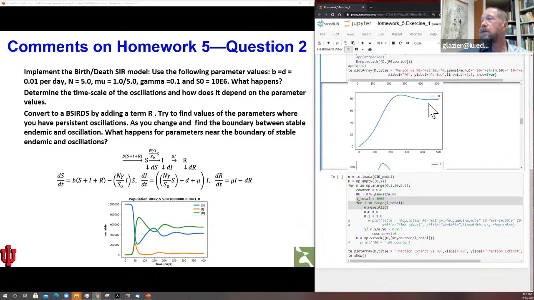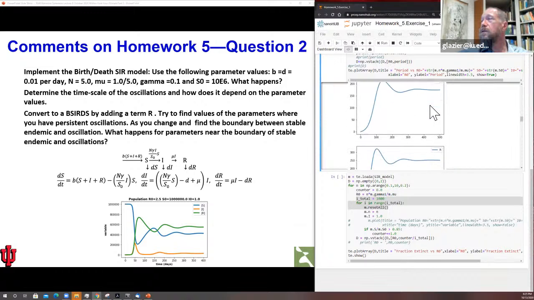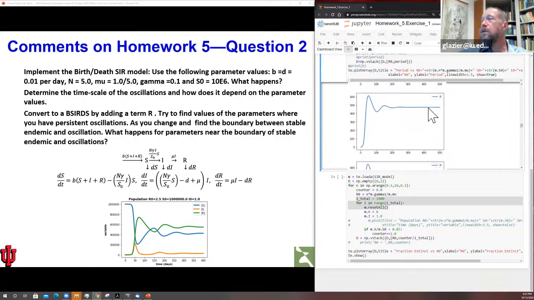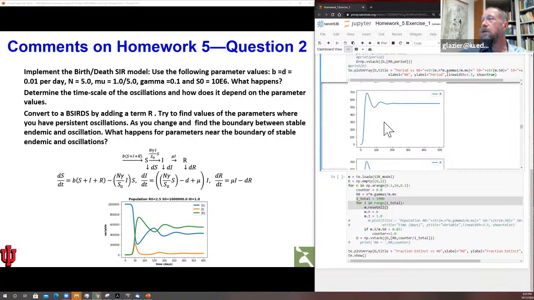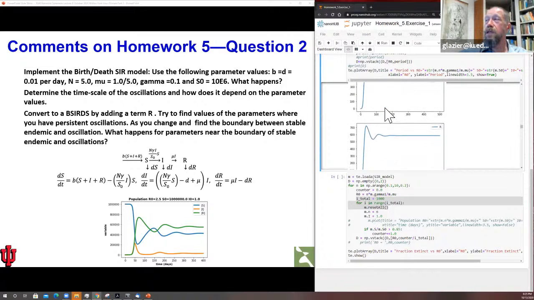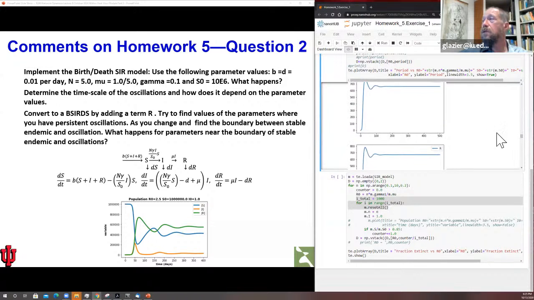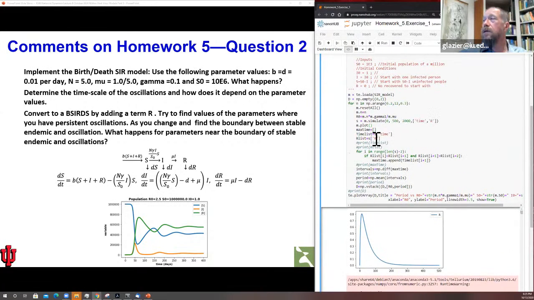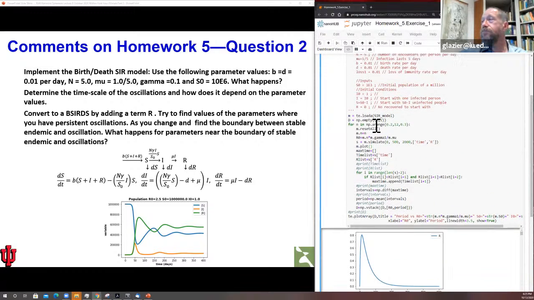Starting to oscillate here, and the oscillations turn on. And you notice the oscillation period gets shorter as my R naught goes up.